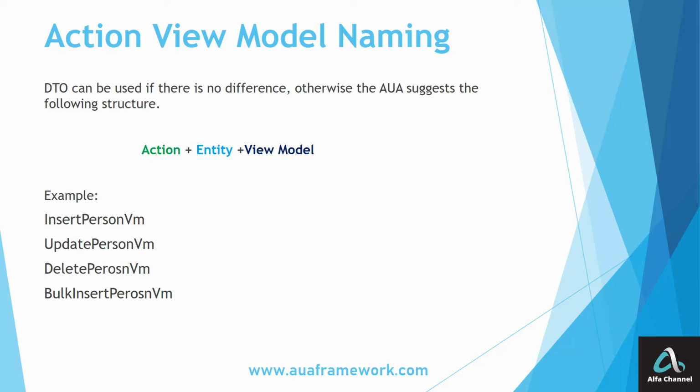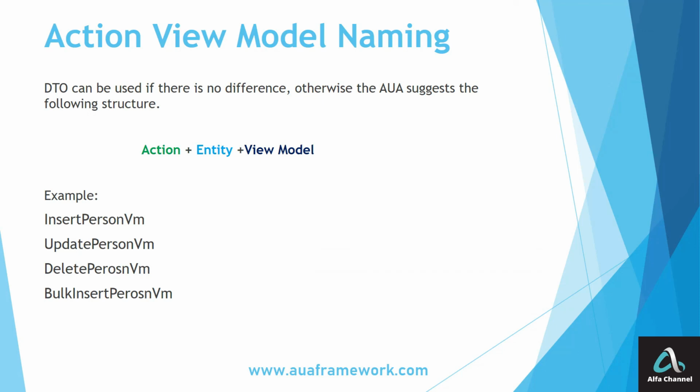For instance, we need to pass different parameters when interacting with delete, update, and insert actions. Well, in this case, we will use this pattern to name the view models: action plus entity plus view model. For example, for the person, we use this pattern: insert person VM, update person VM, delete person VM, bulk insert person VM.